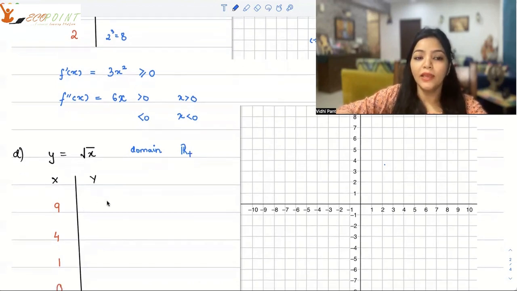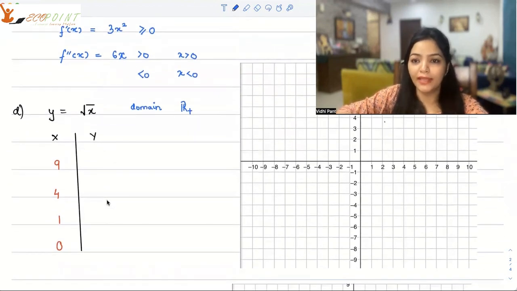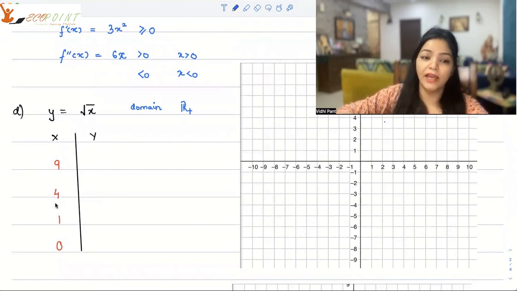So when I am trying to look at the points, various inputs and outputs coming out of it, I am taking all positive entries. When x is 0, y turns out to be 0 for sure. When x is 1, the square root of 1 turns out to be 1. When x is 4, y turns out to be 2. When x is 9, y turns out to be 3.